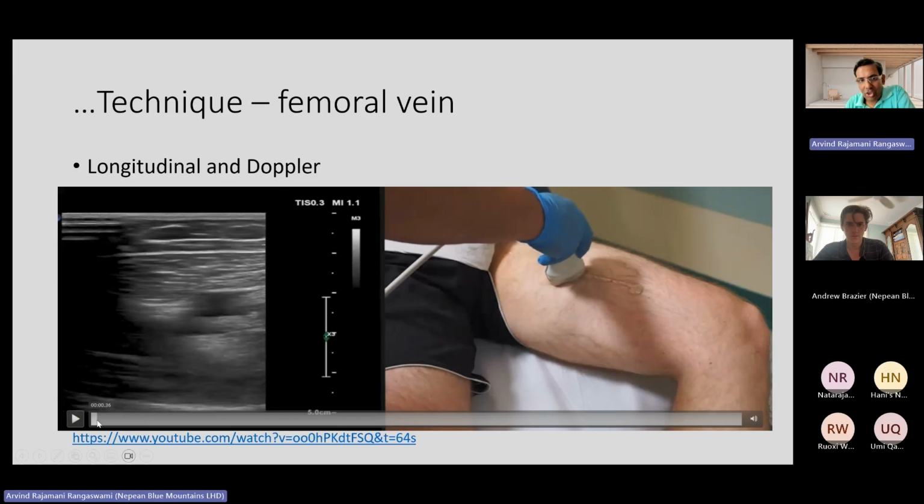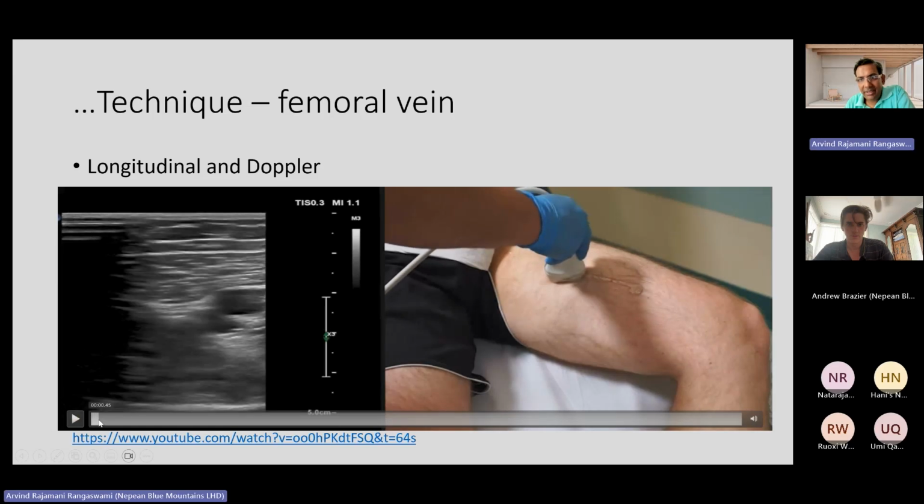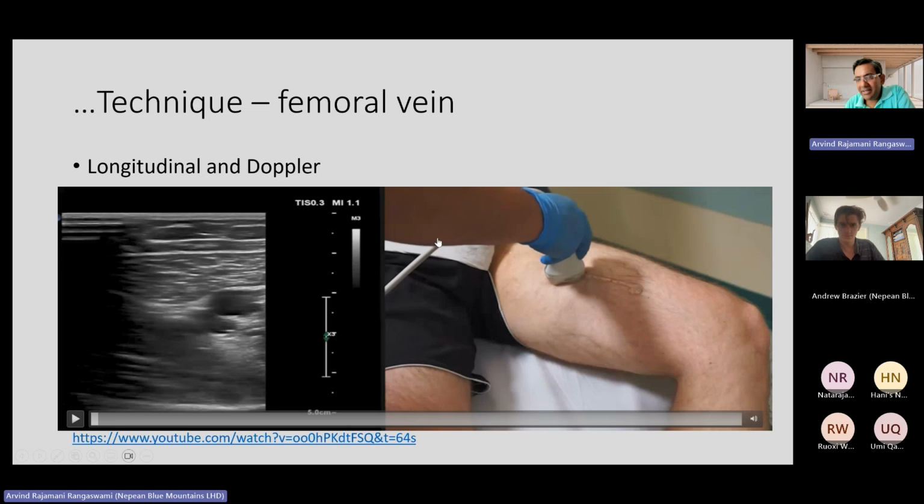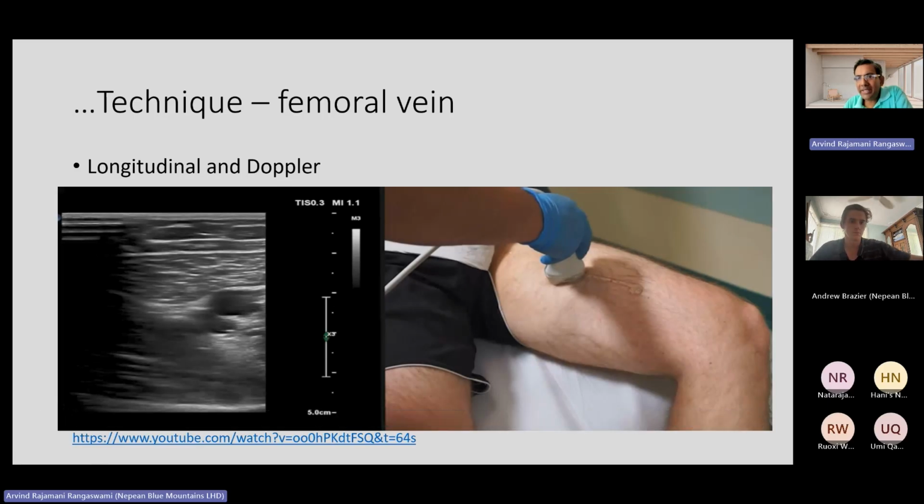After that, I'm going to go step by step, and you rotate it gradually in such a way that the probe marker will be facing cephalad. It will be facing the head. There's nothing wrong in facing caudad. It's just convention, radiological convention. So you're going to rotate the probe clockwise, such that the probe marker is going from 9 o'clock to 12 o'clock position.